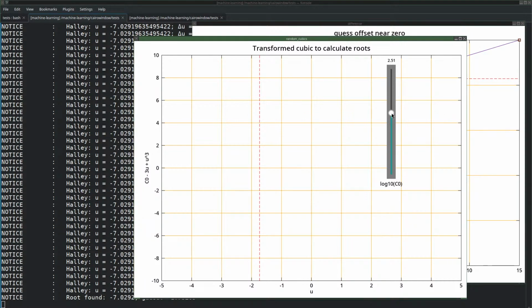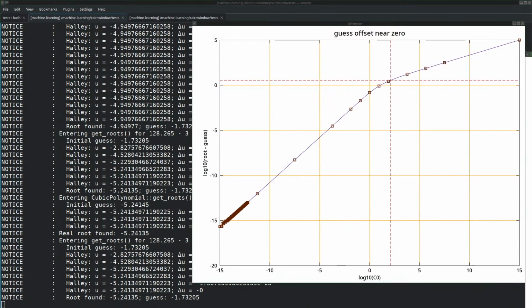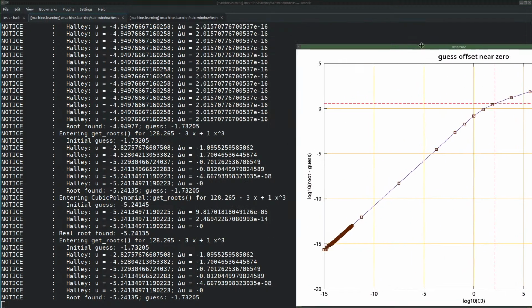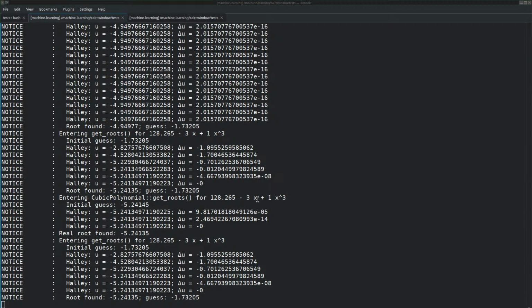Let's see if that works at all. Yeah, but it's still pretty fast.